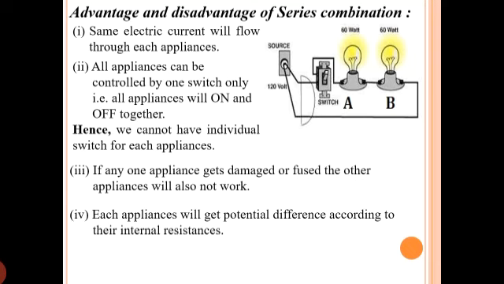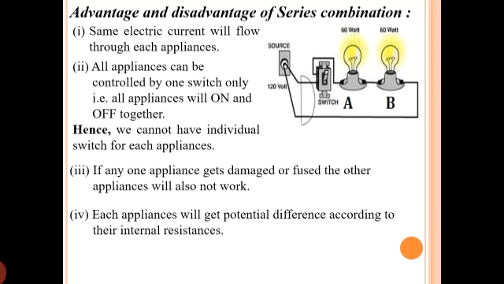And since current is the same through each and every appliance in series combination, and we know V is equal to IR, I is the same, but the resistance of each appliance may be different. Based on their internal resistance, the potential difference across each appliance will be different. If the resistance is very high, I into R will be high, V will be high, the potential difference will be more. And if the resistance is less, the potential difference will be low.